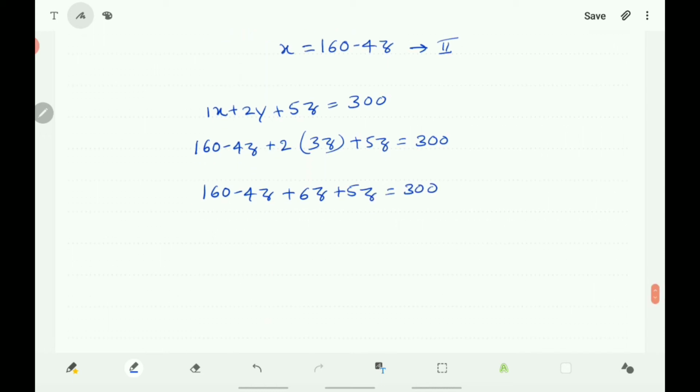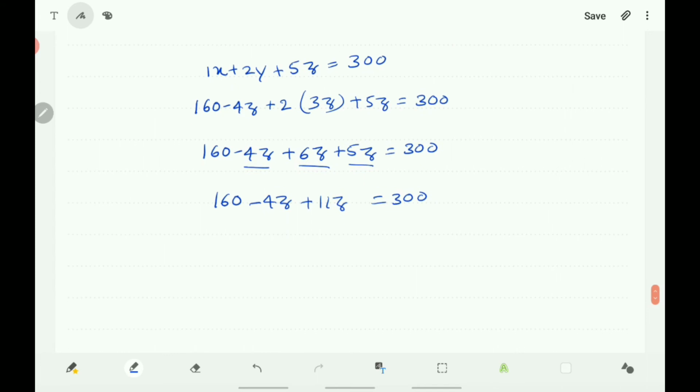Now here minus 4z, 6z, 5z, and you know that minus 4z plus 6z plus 5z is 11z, 160 plus 11z is equals to 300, and here you transfer 160 to the RHS, that becomes 7z, since 11 minus 4 is 7z. 7z is equals to 300 minus 160. Here 160 is by transposing 160 to RHS.